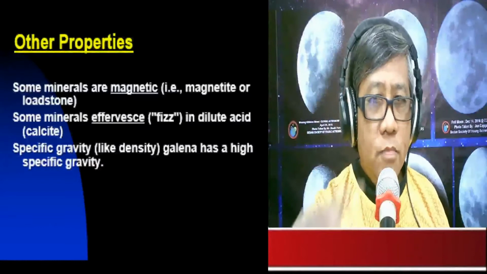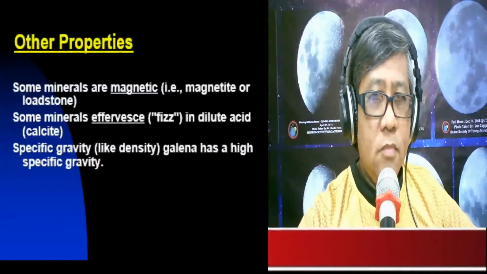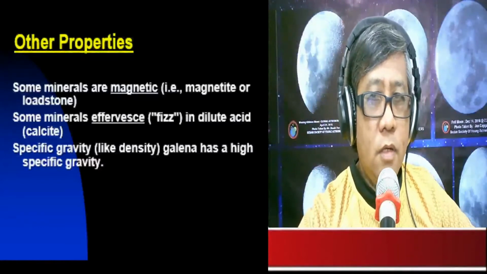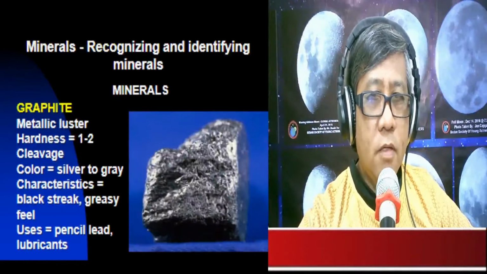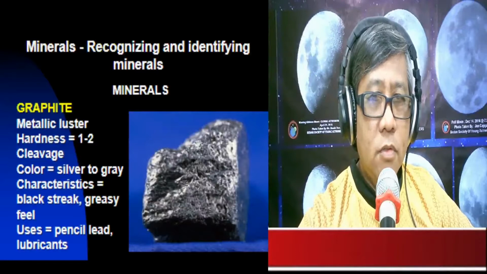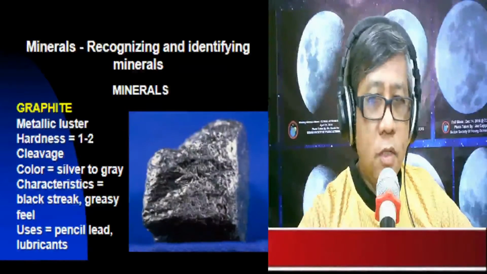Now, at this point, let us now examine some minerals with their physical properties, starting with graphite. Now, graphite exhibits a metallic luster, so graphite is shiny. And in terms of hardness, graphite exhibits hardness between 1 and 2. So graphite is rather soft.